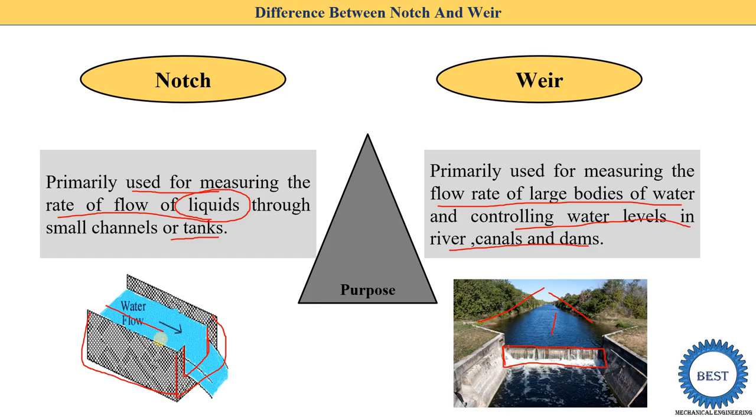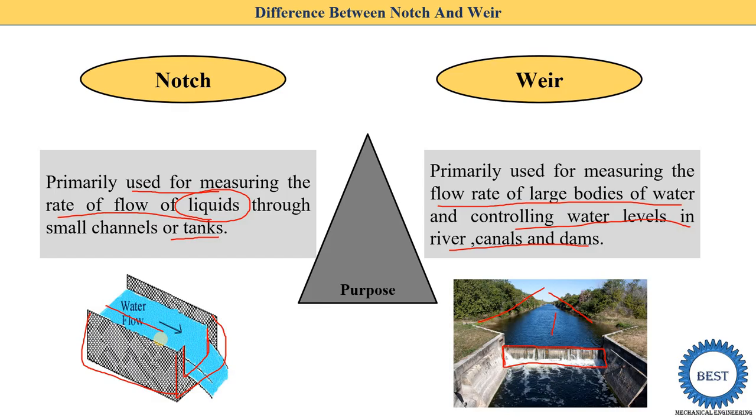Now here I also clarify one point. Earlier we made certain videos about venturi meters and orifice meters. So venturi and orifice are also used to measure the flow rate of fluid, meaning both liquids as well as gases. So what is the difference between venturi, orifice, notch and weir?